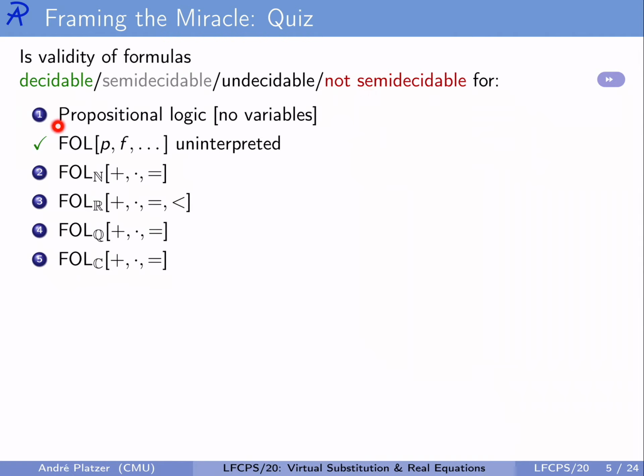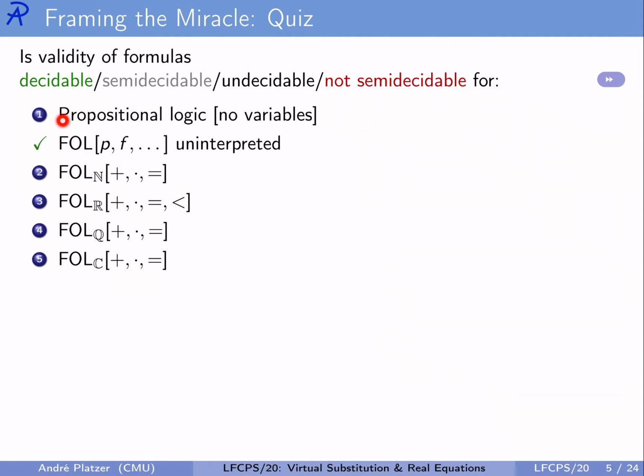So now, first let's look at propositional logic. Propositional logic, the logic that doesn't have any variables, also doesn't have any quantifiers, because you really need variables to quantify over. So it really only has things like p and q, or not p implies q, or things like that. Well, that's perfectly decidable, right?